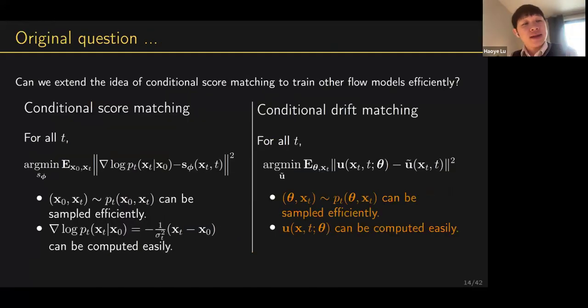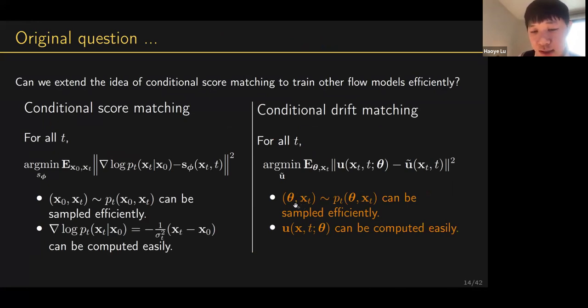Okay, let's come back to the original question. Can we extend the idea of conditional score matching to train other flow models efficiently? The answer is yes, as I mentioned before. From the lens of our more general framework, what we badly need is to sample theta and xt efficiently.